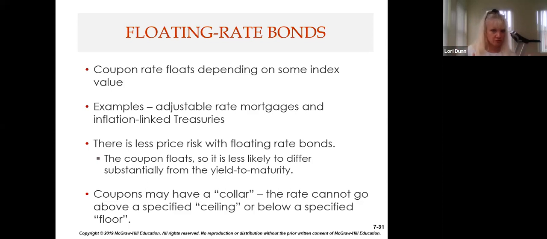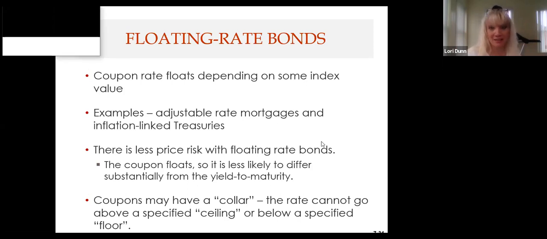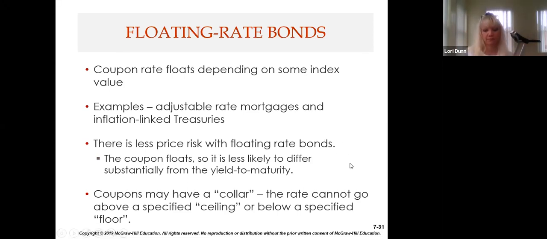It could be the treasury rate, or some kind of interest rate that's stated in the finance world. If that interest rate goes up, the bond coupon rate will go up, but it may only go up to a certain point and never higher. That depends on whether there's what we call a collar, or a ceiling and floor, put on the rate. So we just want to make you aware that that's also what could happen.